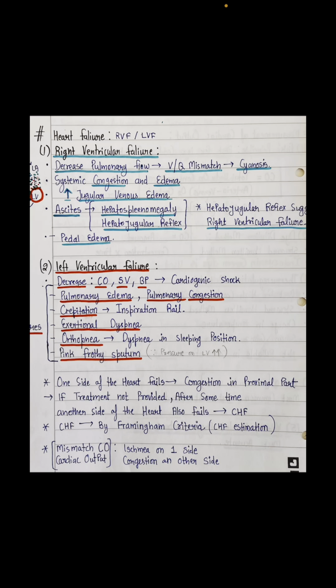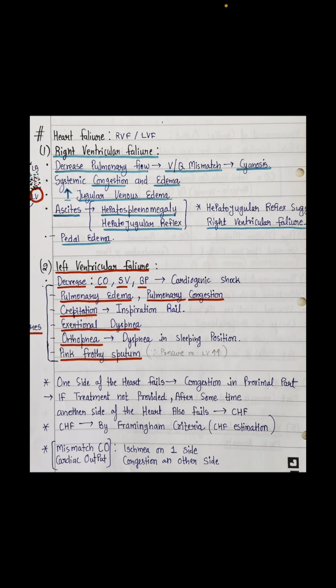Let's hear it. I'm reading the lower part after the last key 3 points. One side of the heart fails, meaning congestion in the proximal part, right? The blood will not be able to pump ahead. So if the treatment is not provided, after some time the other side of the heart also fails.